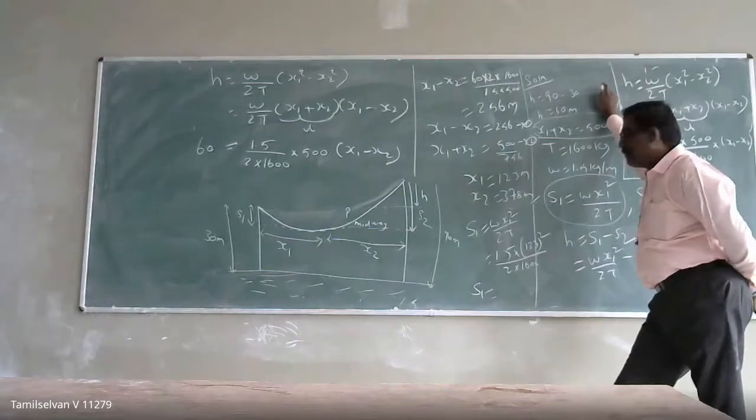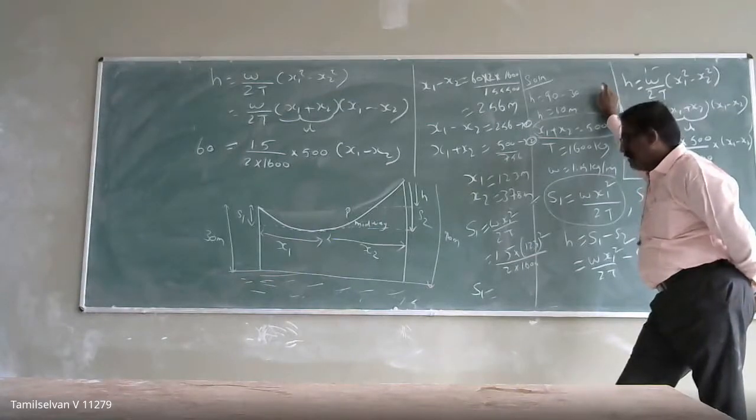How much time? 1.5 into 123 square divided by 2 into 1600. How much time will it take to calculate the value?